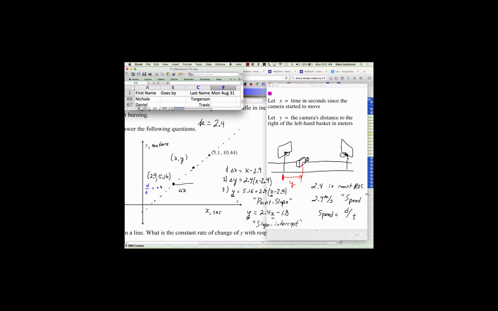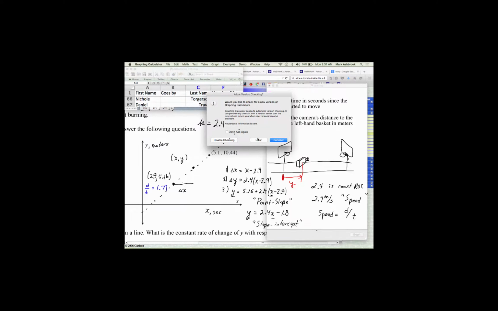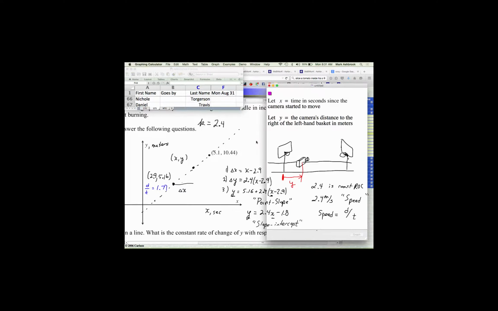What did you get for this first one? Nice and loud. 1.77. And what did you get for this one, distance over time? 0.5. Okay, so this speed is distance over time, and we got 1.77, then 2.05.